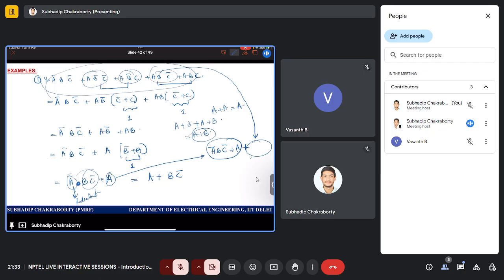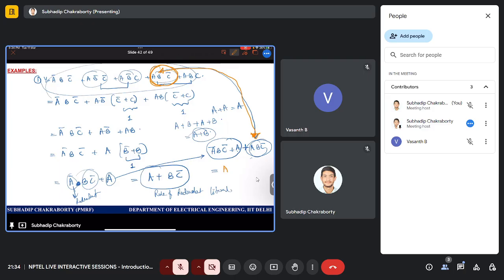So if you see, even without knowing the rule of redundant literal, if I added this term, A B C bar, I will highlight, this term. If I add A B C bar, then what do I get?